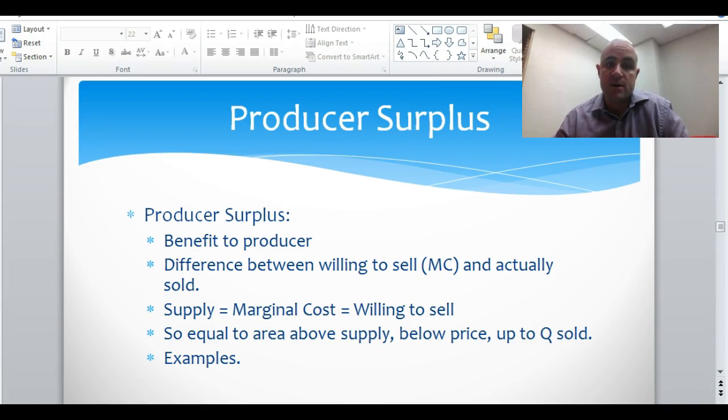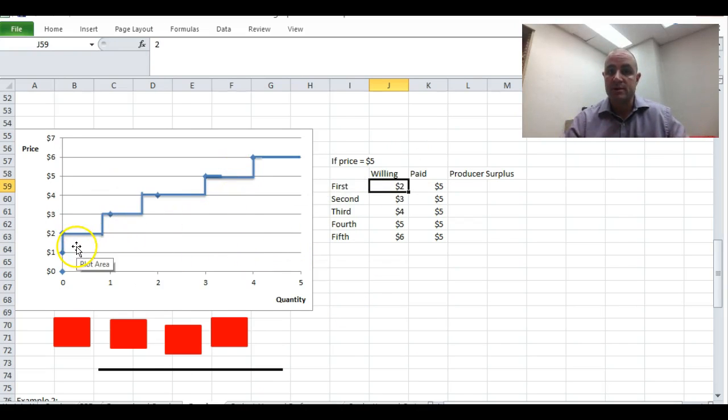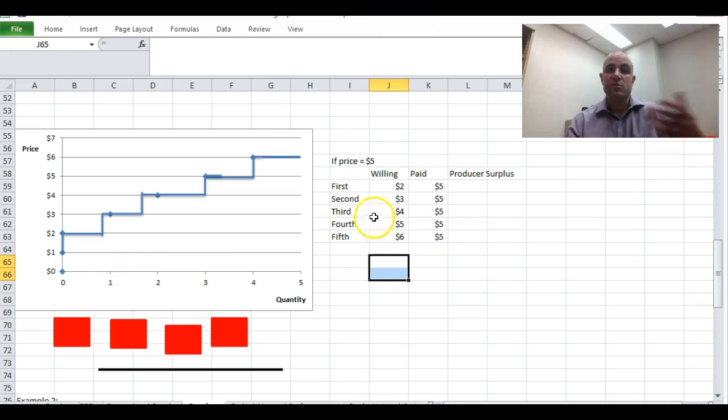So if we go over here, this is again the example from the first one. We have one individual supplier's supply curve. Here's what they were willing to sell for, which is supply, and what they did sell for.